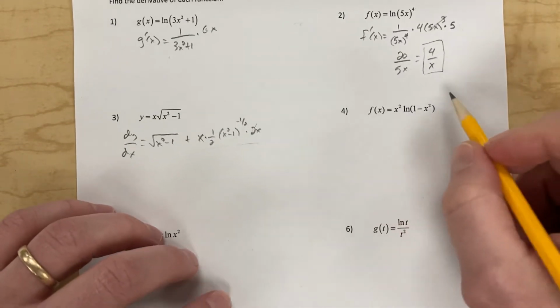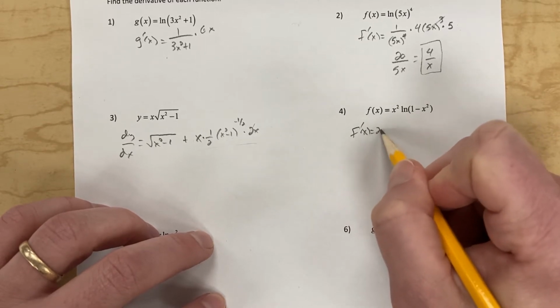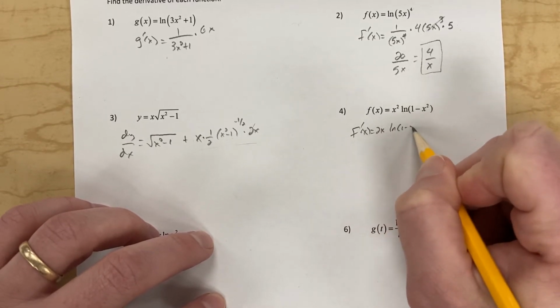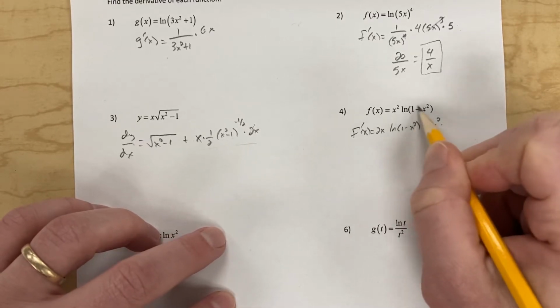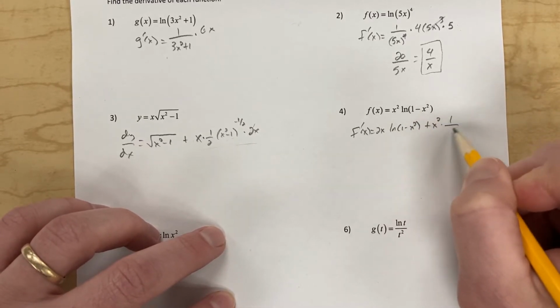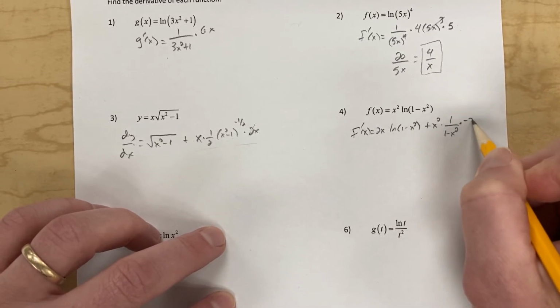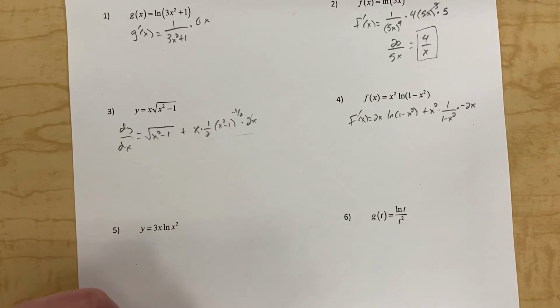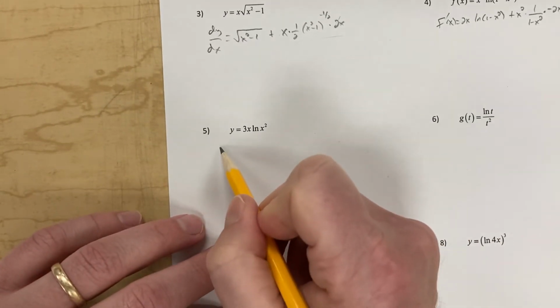And number 4, we're also going to have a product rule here. So our derivative will be the derivative of x squared, which is 2x, keep the natural log as is, plus x squared times the derivative. The derivative of natural log is 1 over (1 minus x squared) times the derivative of what is inside, which is negative 2x. For number 5, again, we have a product rule there.